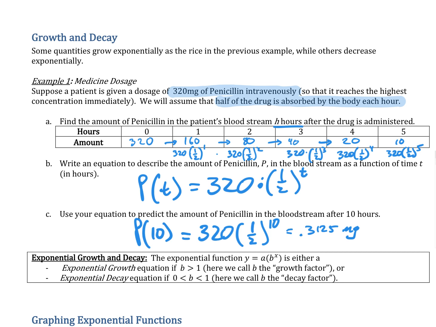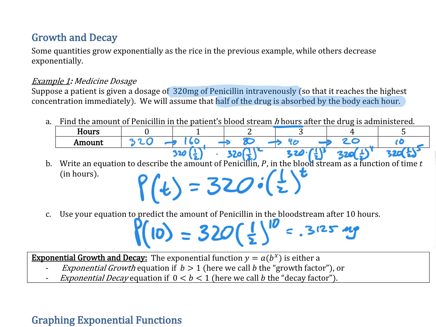So an exponential function written as a times b to the x is exponential growth if that b value is bigger than 1. If it's 2, 3, 4, 5, or even 1.1, it's going to be growing, maybe slowly if it's like 1.1, or a little quicker if it's like 2 to the x. If this b value is between 0 and 1, we call this exponential decay, and this is the decay factor.